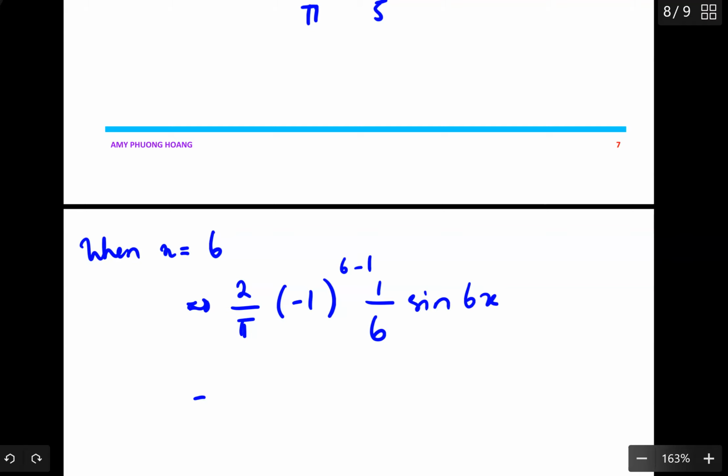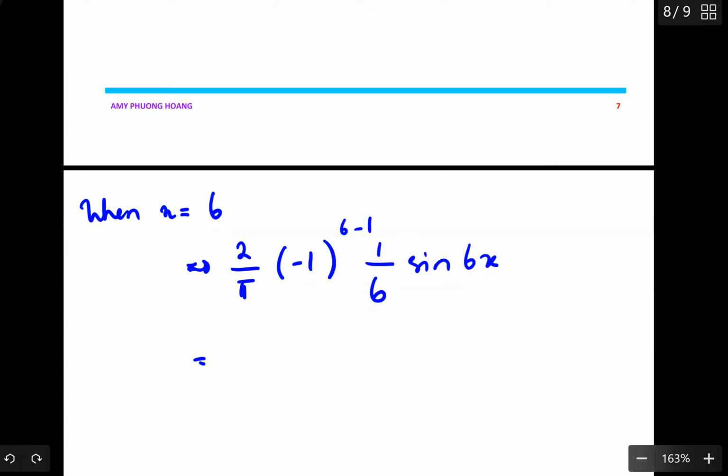So in this case, you are having minus 1 raised to 5, that means an odd exponent. So you should have a negative as the answer. So I will write negative, and then I will have 2 over pi times 1 over 6 sine of 6x.